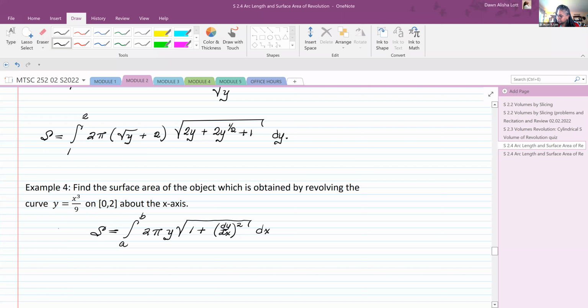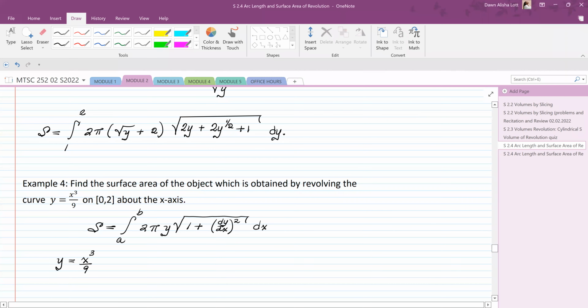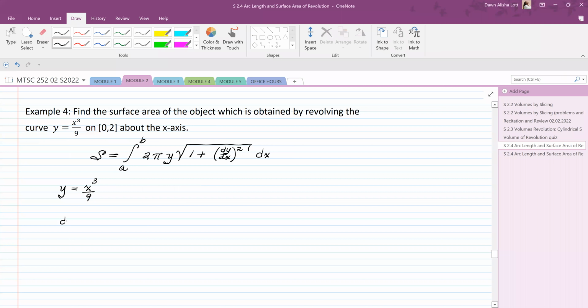And dy/dx is going to be 4/9 x to the 4.